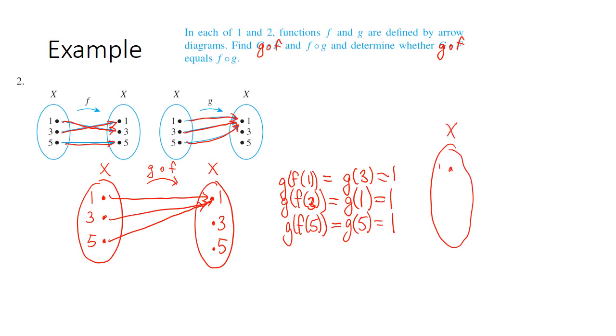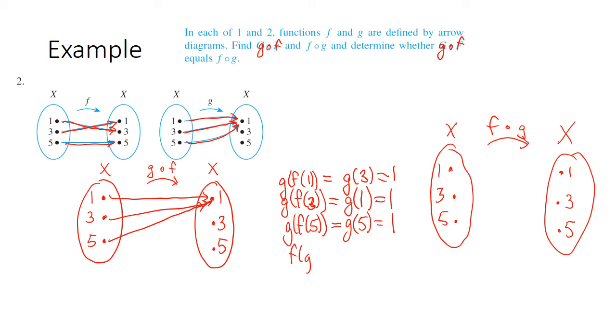So this is going to be x again, 1, 3, 5. And this will be x again, 1, 3, 5. And then I'm going to do f of g, or f composed with g. And I'll just make my little notes over here. So I'm doing f of g of 1, f of g of 3, and f of g of 5.